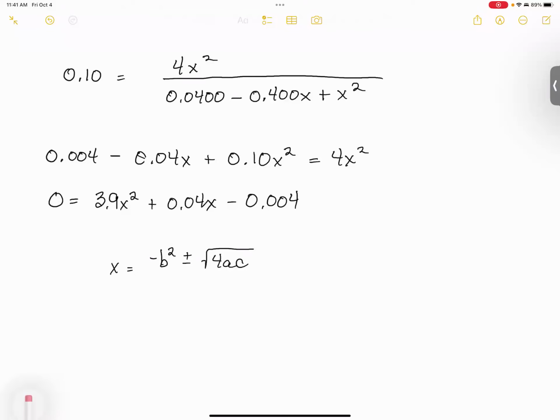No. Or b not squared. Minus b plus or minus the square root of b squared minus 4ac, all over 2a. Sorry, it's been a while. I cheat in that I use my quadratic equation in my calculator. There's a song that helps me remember it.